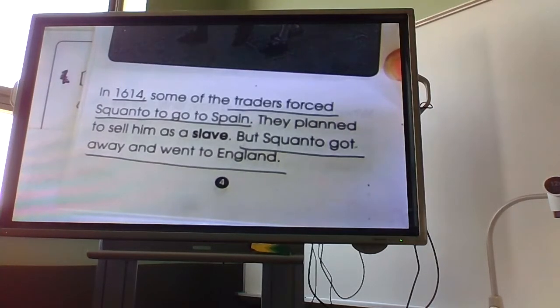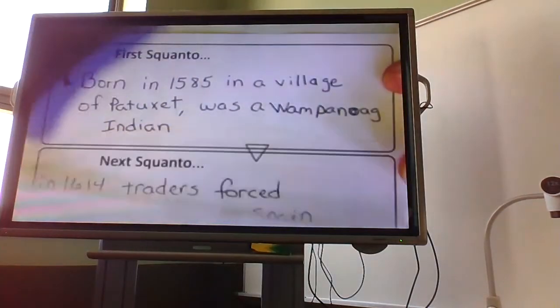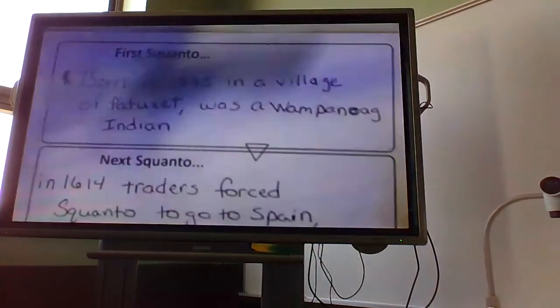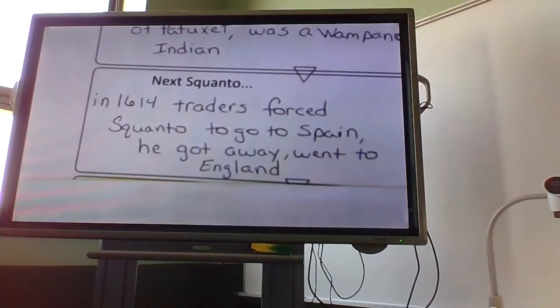So underline those in your story. And then you can see what I wrote for next. I just put in 1614, traders forced Squanto to go to Spain. He got away and went to England.